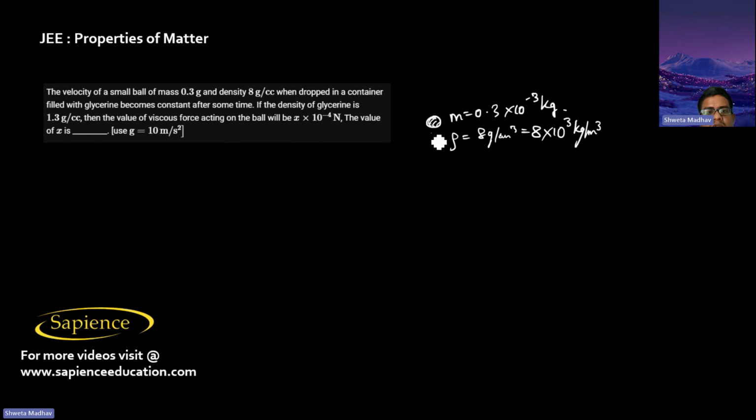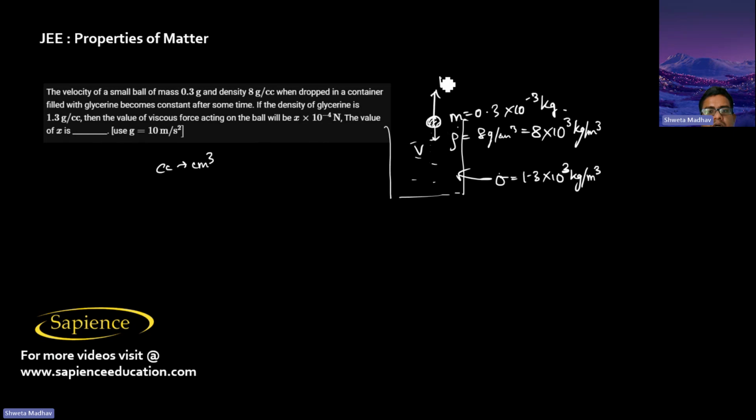It is dropped in a container filled with glycerine, and its velocity becomes constant after some time. The density of the glycerine, sigma, is 1.3 into 10 power 3 kg per meter cube, since it is told 1.3 gram per centimeter cube. Then the value of the viscous force acting on the ball is x into 10 power minus 4 Newton. Then the value of x will be how much?